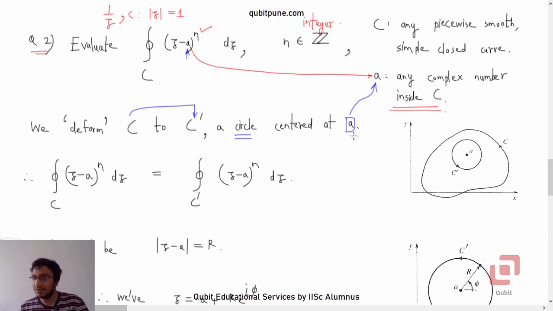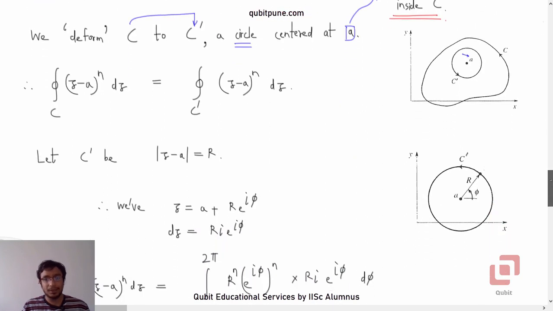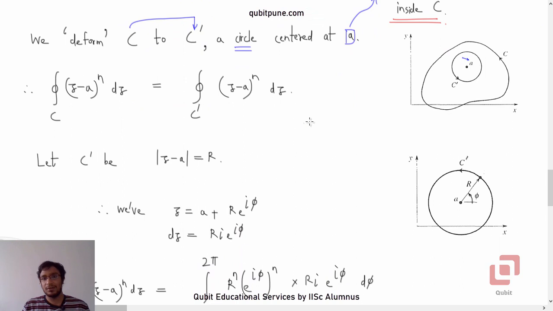By doing this, we are simplifying our integration process, because we can now use the parametric equations of the circle. Mod of z minus a equal to, you can take a circle of arbitrary radius now, but you have to fix the center to the point A. Once we do that, we introduce new coordinates, so to speak.